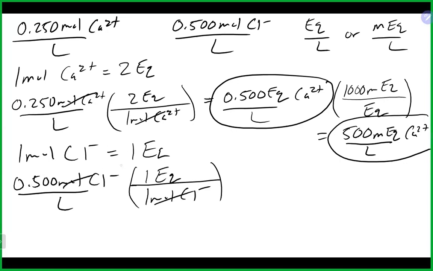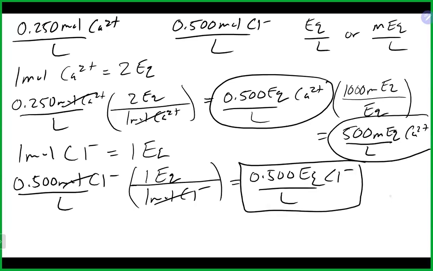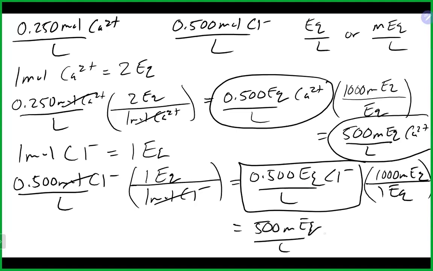Moles of chloride cancel, gives us 0.5 equivalents per liter of chloride. Also, again, doing our milli conversion there with our 1,000 per equivalent. Gives us 500 milliequivalents per liter of chloride ions.